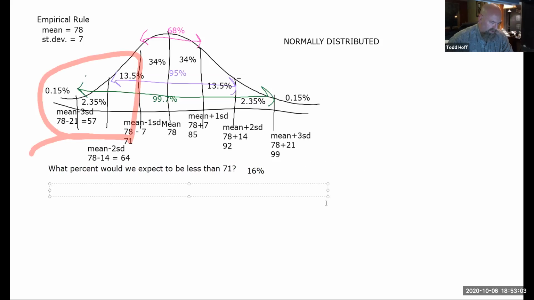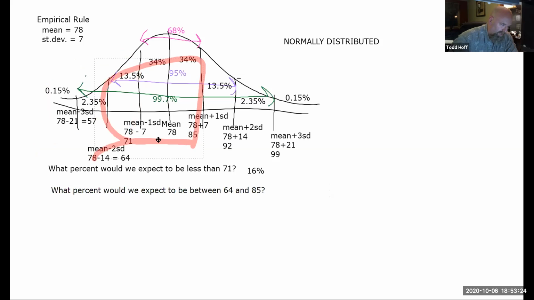Or if I'm asked what percent would we expect to be between 64 and 85. Well, there's the 64 right there. 85 is up there, so it's those percents. We add those up, that's what, 68, 81.5%.